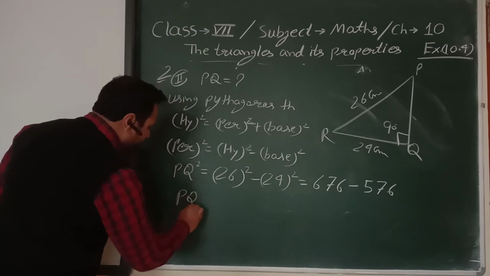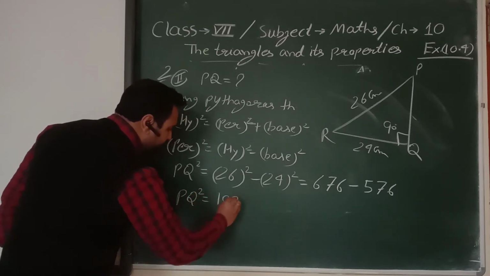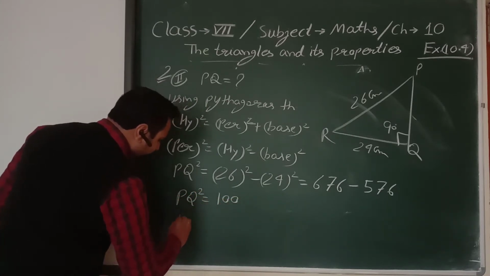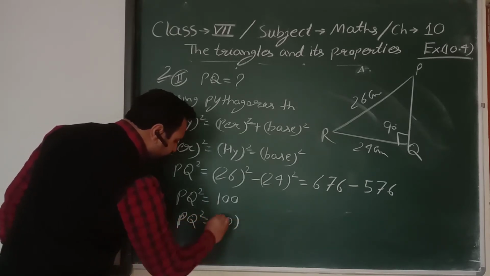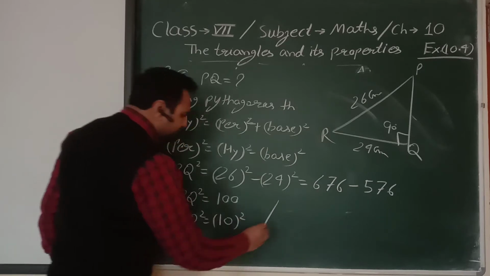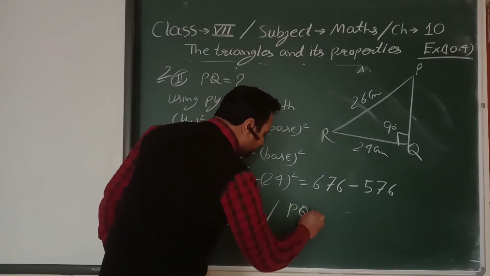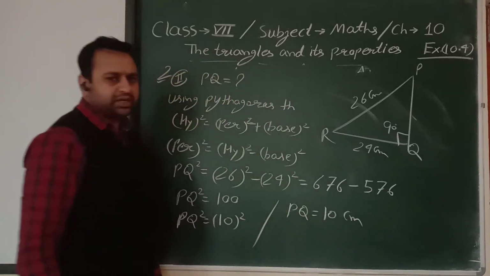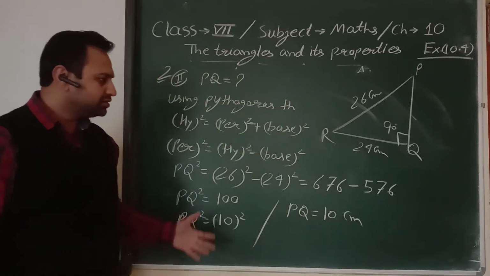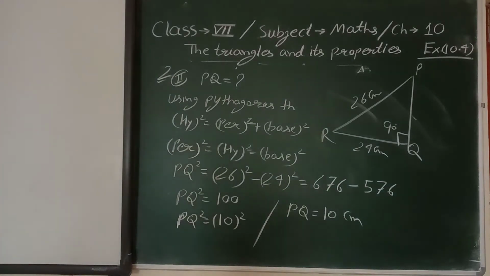So PQ square is equal to 100, and we know that 100 is the square of 10. So we can say that PQ is equal to 10 centimeter. So the unknown side is 10 centimeter. Just note down.